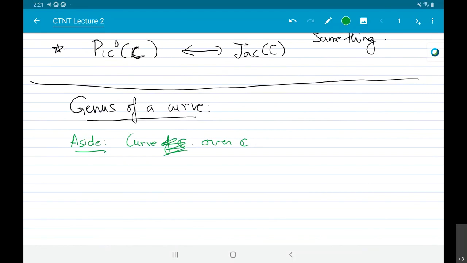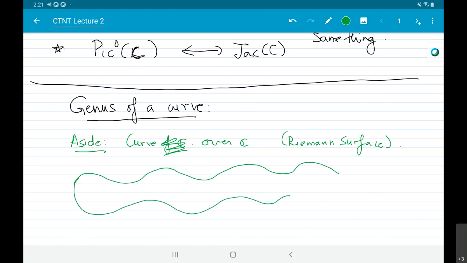Well, it's a dimension one object over C. So what this looks like is a Riemann surface. If you've seen some complex analysis, maybe you've seen a Riemann surface before, but if not, what this looks like is a glorified torus. And the genus of the curve is just defined to be the number of holes.